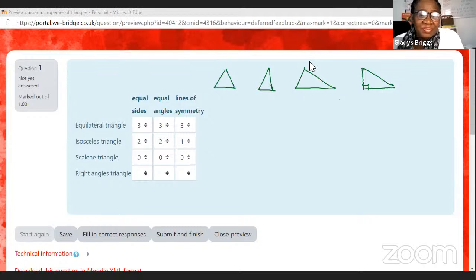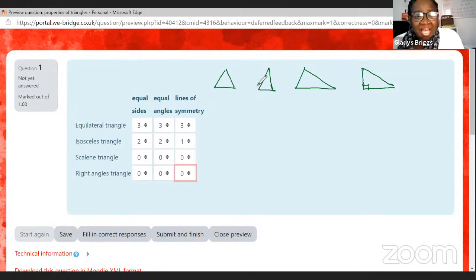Well done. And then a right angle triangle is like a scalene triangle, isn't it? Sometimes you can have two equal sides. It depends, and I will show you, but most of the time it is none, none, and none.